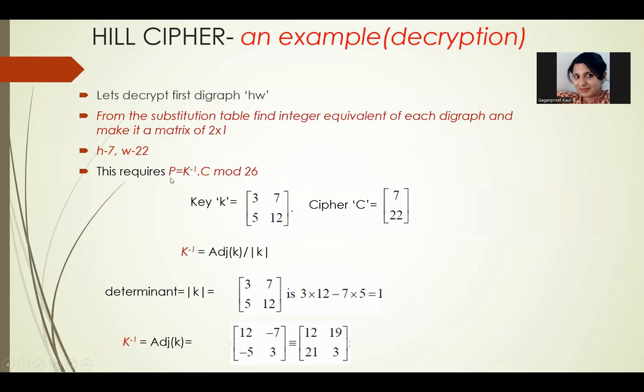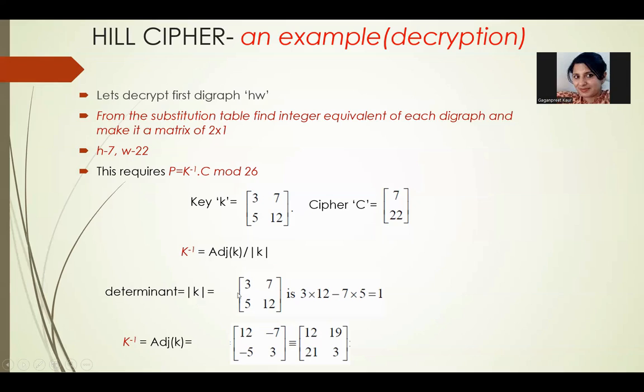The formula is that plain text requires inverse key into the ciphertext modulo 26. So the key we used is 3, 5, 7, 12 and the cipher is 7 and 22. Now we know that inverse is given by adjoint of the matrix over its determinant. So let's try to first find the determinant.